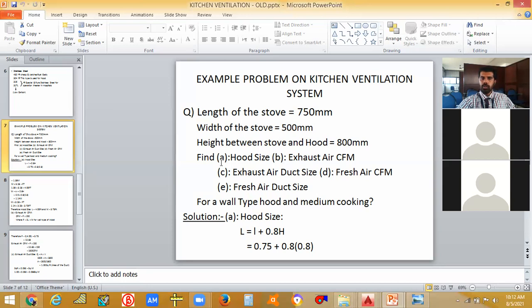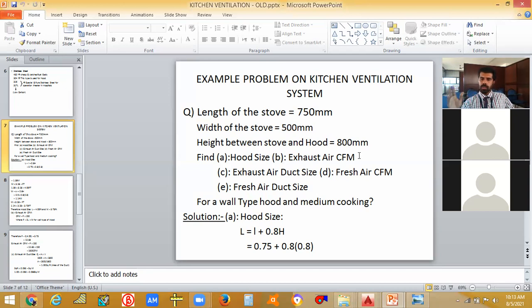So we have to find the kitchen hood size. We know the stove size, and we have to find the kitchen hood size. Next, we have to find the exhaust air CFM, or the quantity of air that has to be exhausted. That is the second one. Next, the exhaust air duct size.